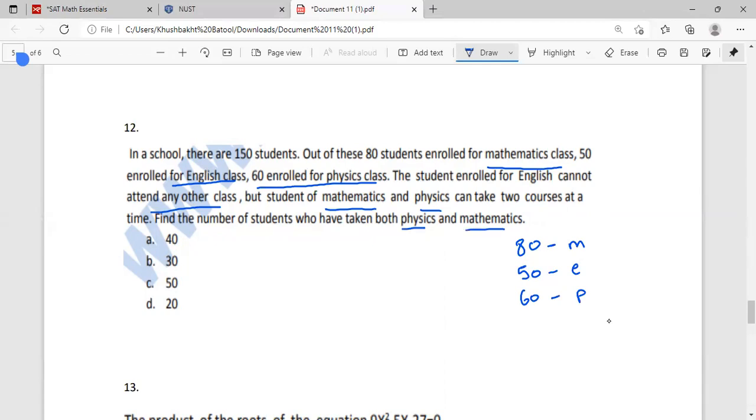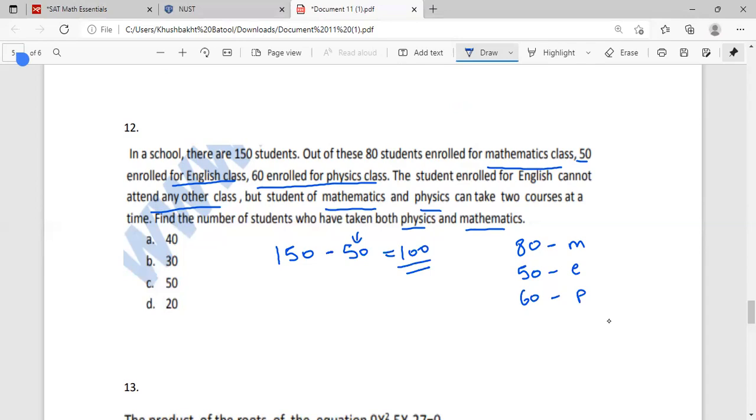First, you need to understand the question. We have 150 students, out of which 80 are taking maths, 50 are taking English, and 60 are taking physics. 50 students of English cannot take any other class. So we will subtract this 50 directly and we will get 100. Why? Because 50 students are fixed, they can only take one class. We are left with 100, right?